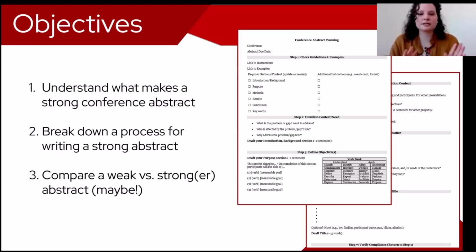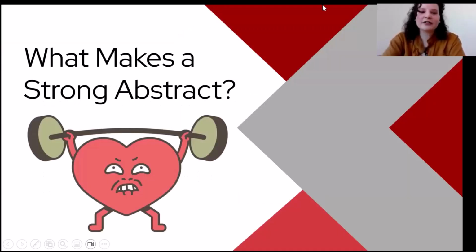But it will just present the information that I'm taking you through today in a different way, in a way that you can actually fill in the information that you need to as you're working on your own abstracts, if you prefer. If we have time, we will compare a weak versus stronger abstract, but I don't anticipate we will have time. Okay, so first, what makes a strong abstract?